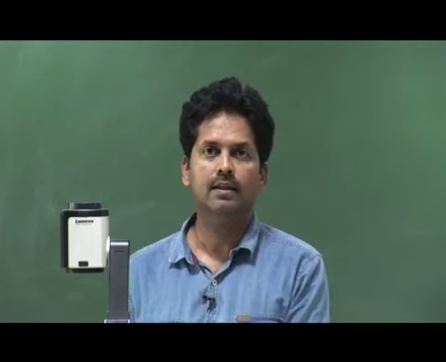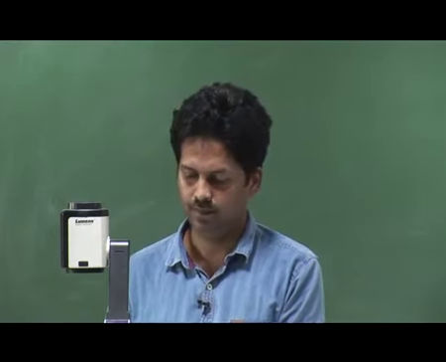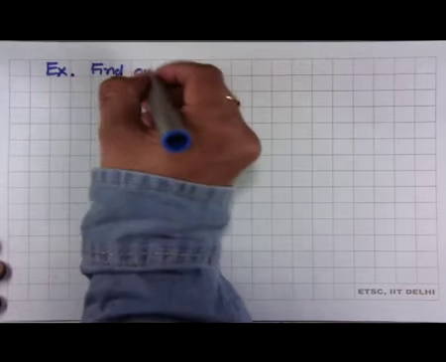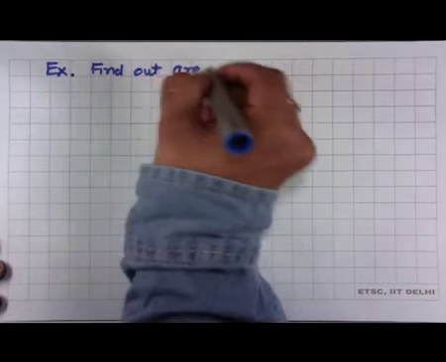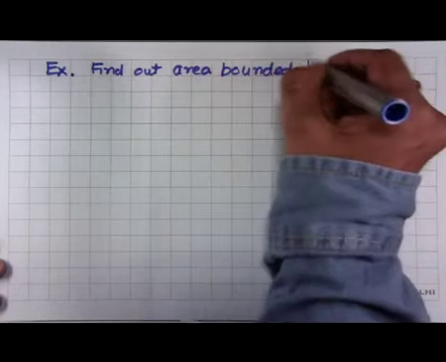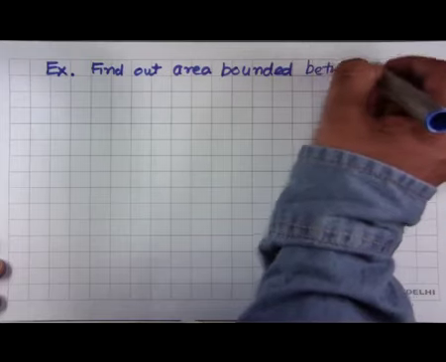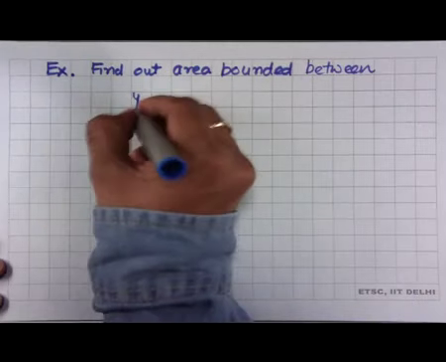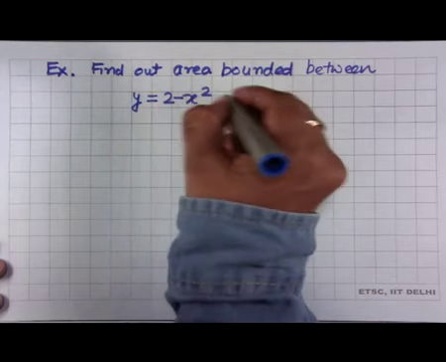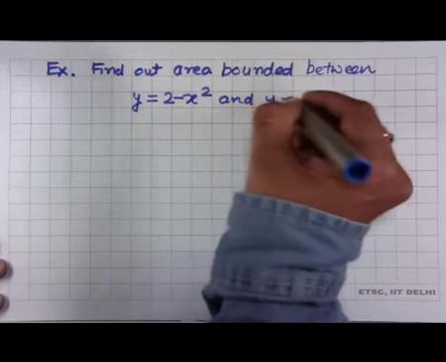Let us take another example. Find out area bounded between y equals to 2 minus x square and y equals to minus x.